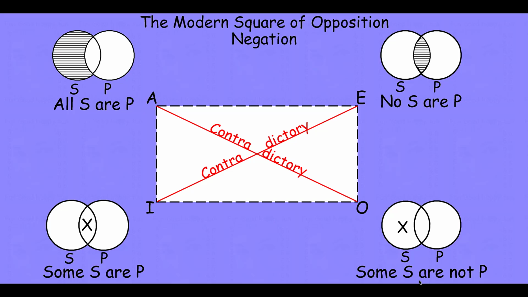If my some S are not P needs an X to be true, then it will be false if there can't be an X there. So the contradictory relationship is how I can figure out, if I need to, how to draw a Venn diagram for a claim that a particular categorical statement is false in either a premise or a conclusion.